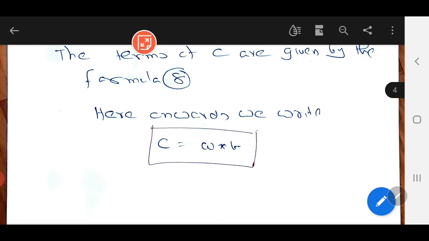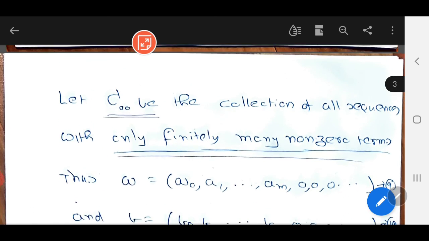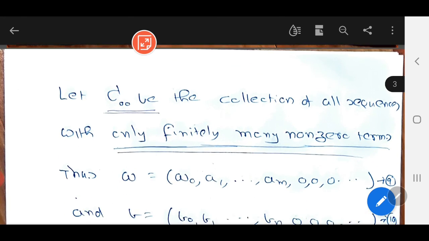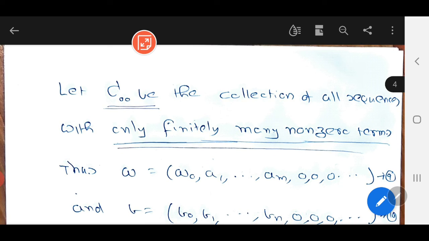So see, now remember one thing, what can we do with polynomials? We can add polynomials, we can multiply polynomials. Now we are coming to another setup where we are considering sequences with finitely many non-zero terms.